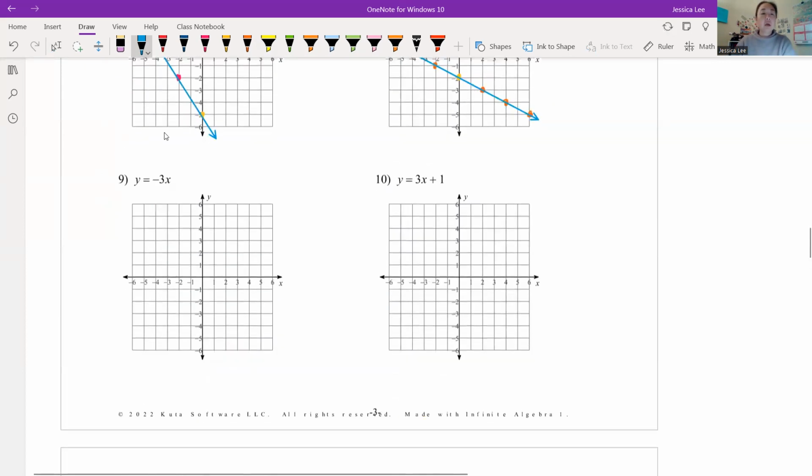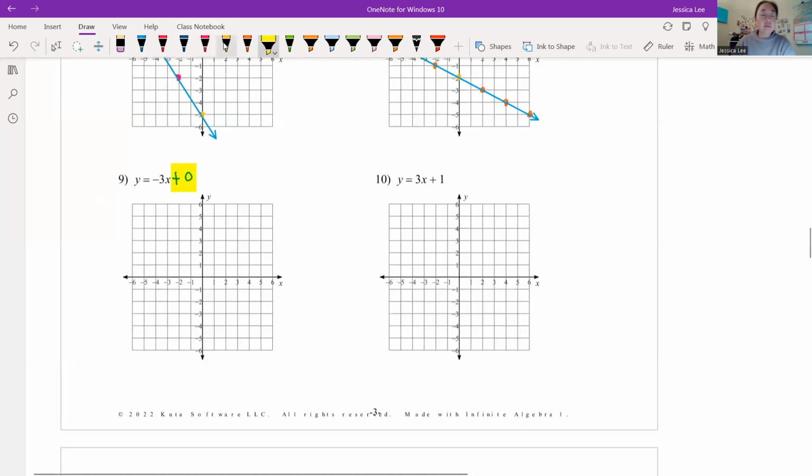Okay, last two. Here, notice we have no y-intercept, right? Which means that, well, there is a y-intercept, you just can't see it. If there's nothing there, like -3x plus what will give you a -3x? Has to be 0, right? Nothing to it. Okay, so now our y-intercept is going to be at 0.